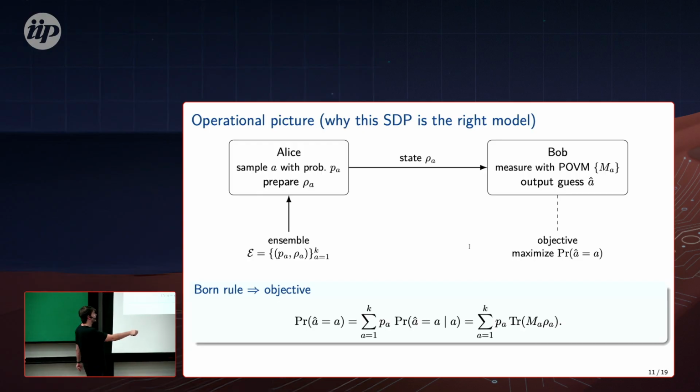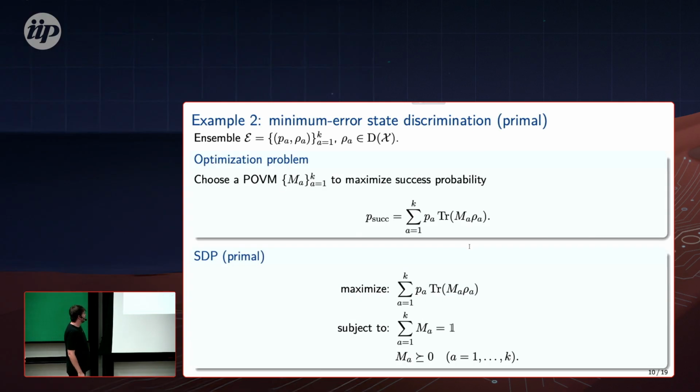M_A is the POVM, p_A are the probabilities, which Bob knows, by the way. He knows both p_A and rho_A, and he wants to maximize this thing. And this is again an SDP, because our objective function can be written like this. And now we have this sum over here. So we have these constraints here.